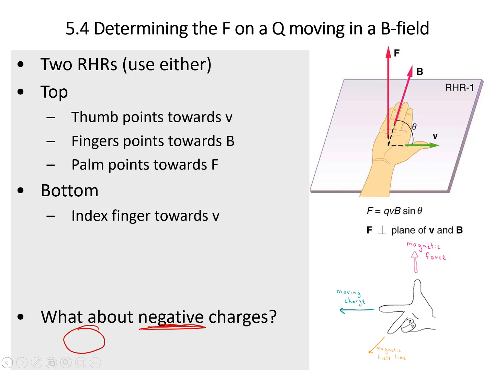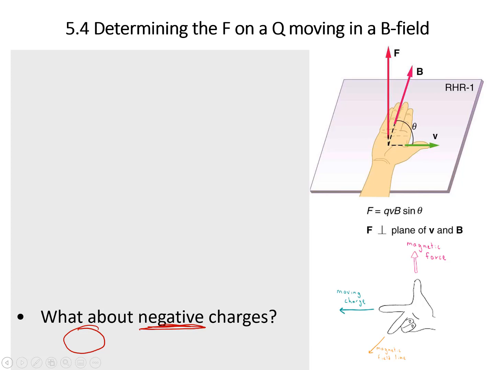What else do we need to say about charges moving through magnetic fields? Okay, so we know that the direction of our magnetic force is always going to be perpendicular to the velocity and the field. So let's imagine a magnetic field that points directly into the page, like so. And let's pretend it's a uniform magnetic field, even if I didn't draw it perfectly.